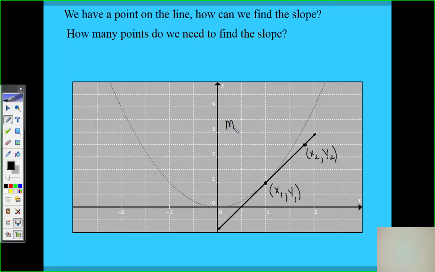We know the slope formula is m equals y sub 2 minus y sub 1 divided by x sub 2 minus x sub 1. Now, the numerator, y sub 2 minus y sub 1, is the change in the y value, and x sub 2 minus x sub 1 is the change in the x values.